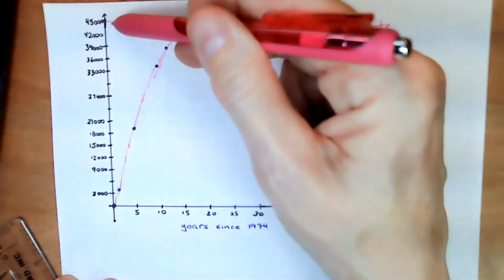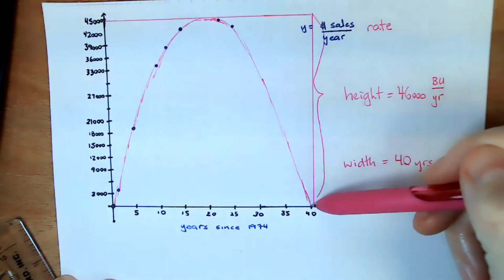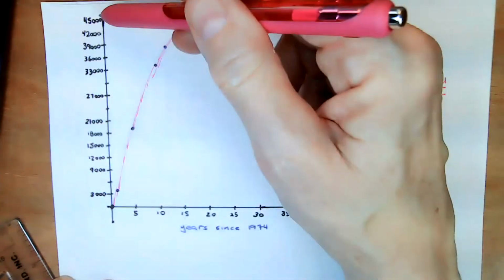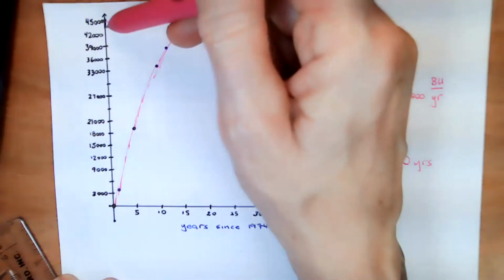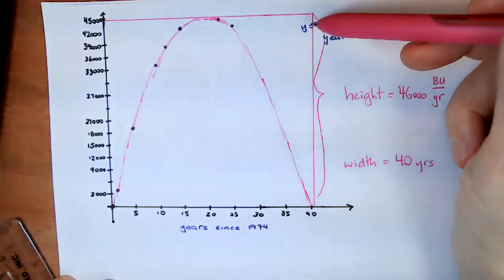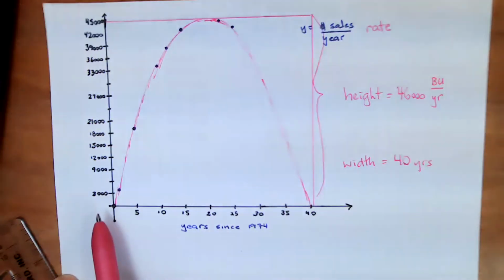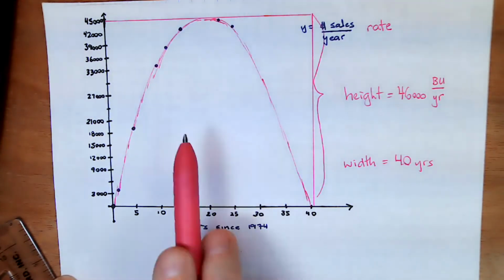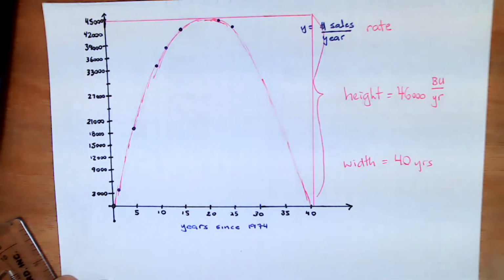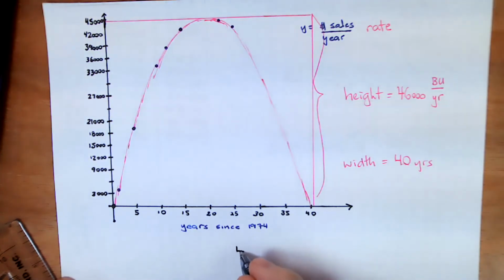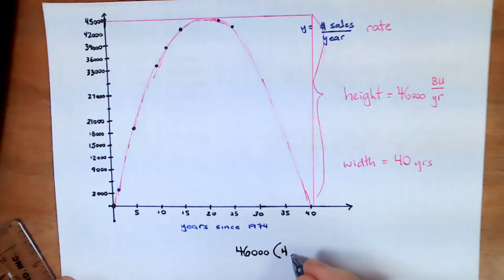So the height of the rectangle that encloses this function is 46,000 and the width is 40. We can calculate the area of this rectangle, which is going to be 46,000 times 40.